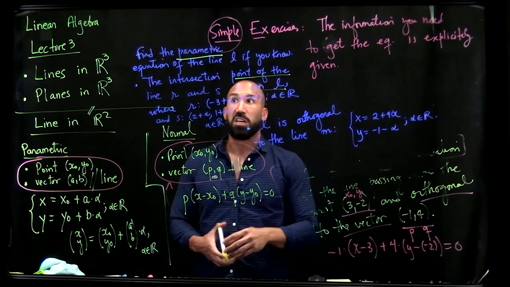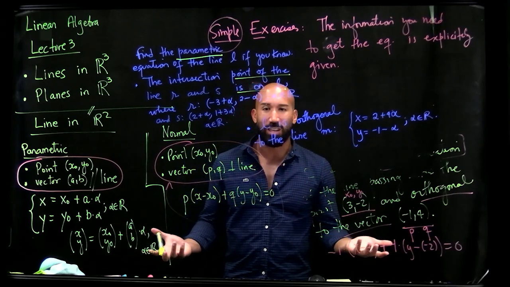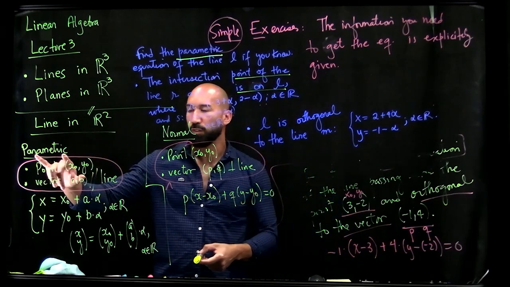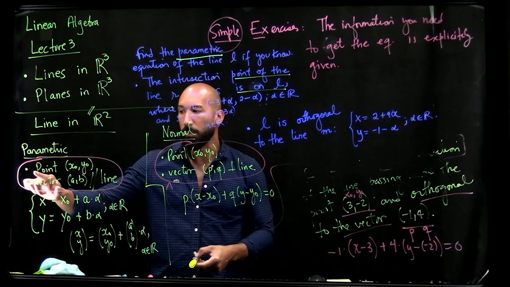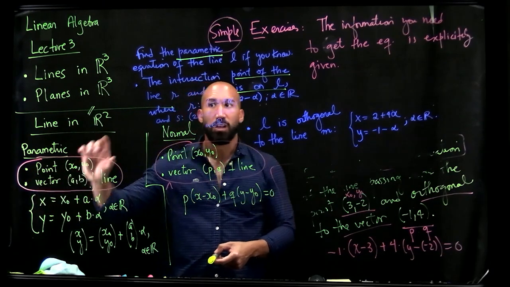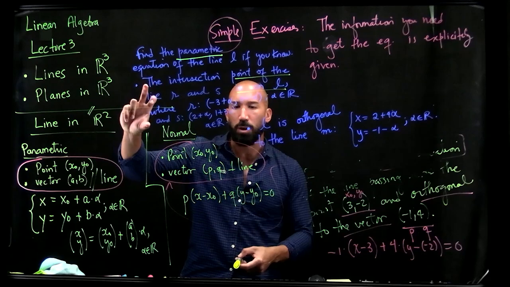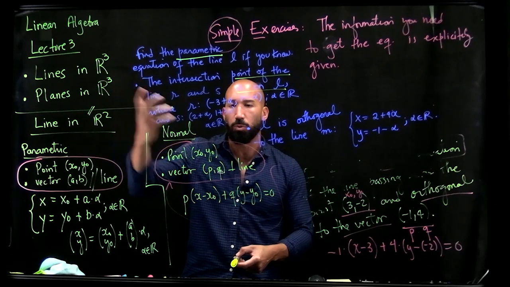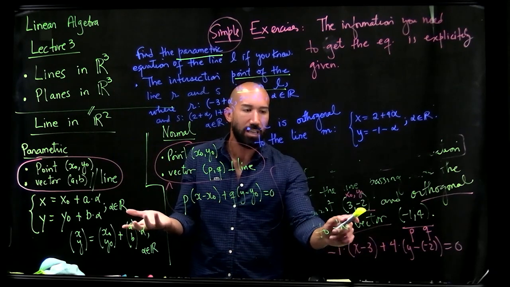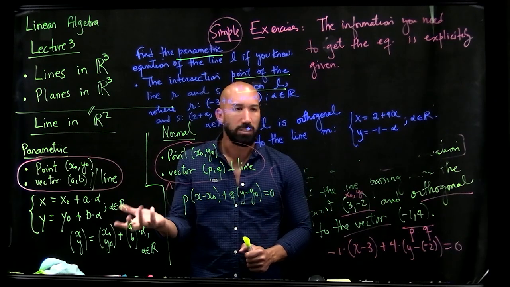But again, you say, oh, we are trying to get the parametric equation of the line. We need a point and a parallel vector, and we have information about that point, something that we can use to get that point, but that point is not, like in this case, explicitly given.